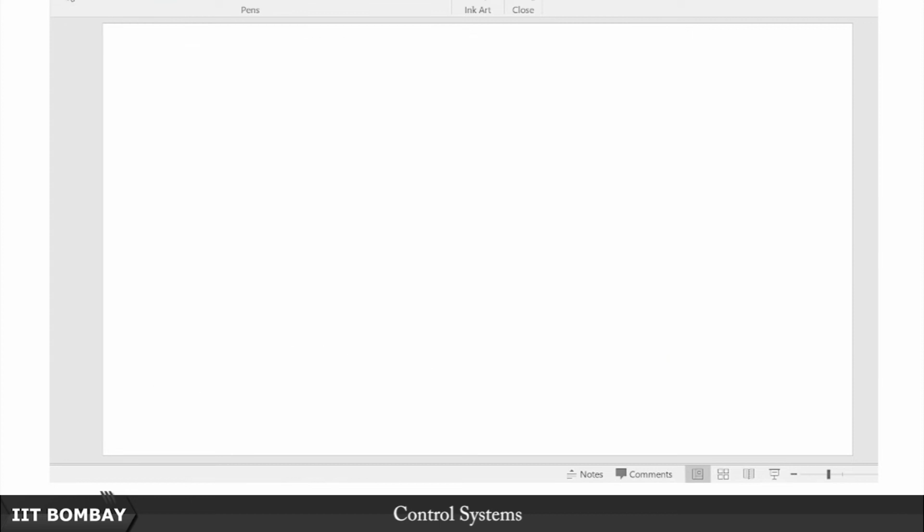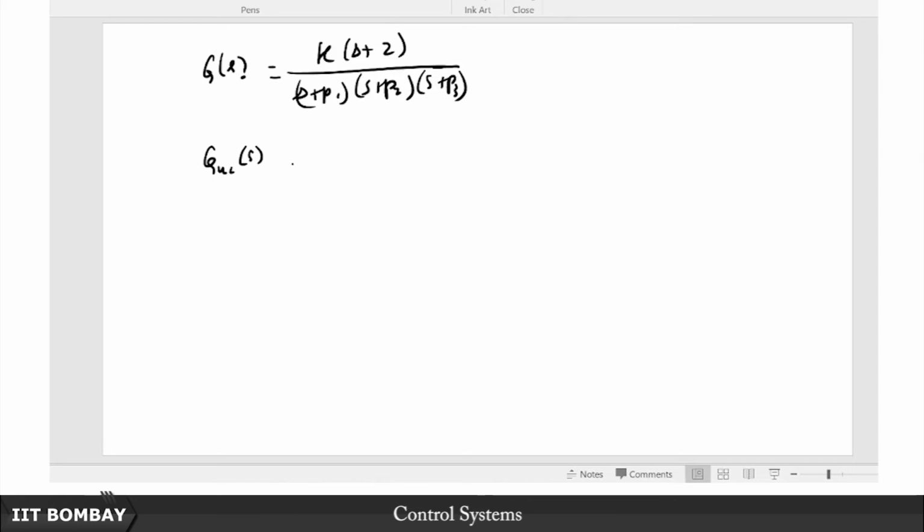Why do I say that? Because now the overall compensator is k times s plus z upon s plus p1, s plus p2, s plus p3, right. So earlier this was your G(s), and the uncompensated G(s) was equal to some other k. Yeah, this is very critical.